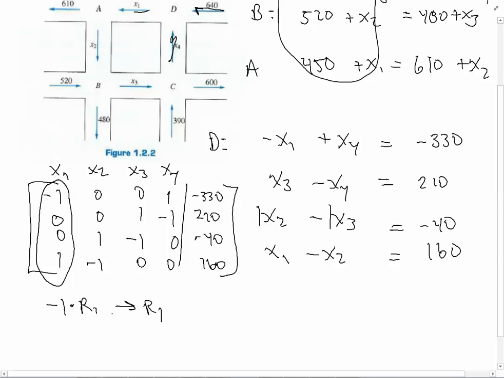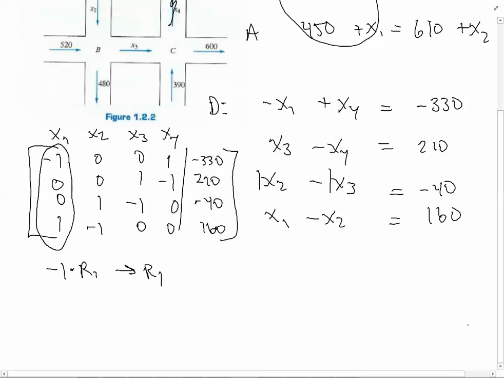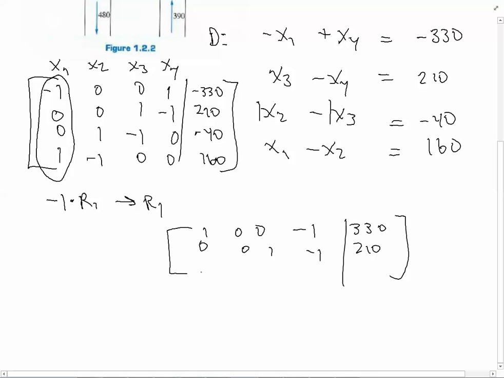You don't have to use this notation, but it emphasizes that all you're doing is multiplying the row by negative 1 and not moving anything else. This makes it 1, 0, 0, negative 1, positive 330, and then 0, 0, 1, negative 1, 210, and further 0, 1, negative 1, 0, negative 40, and 1, negative 1, 0, 0, 160.